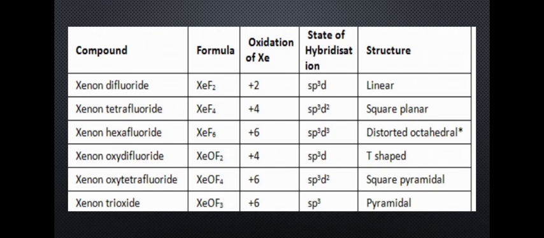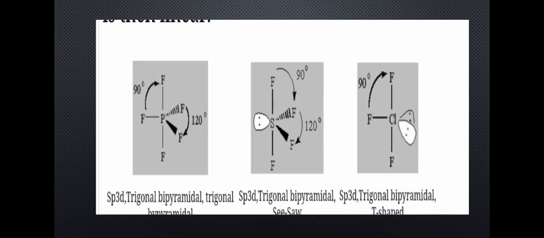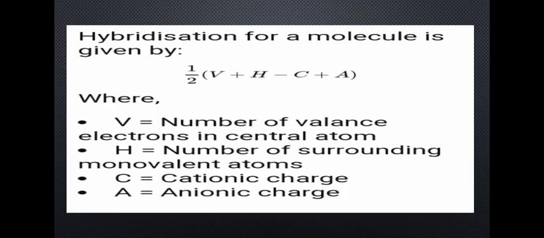Now let us discuss some of the compounds of noble gases, and the first compound is XeF2. I will use the formula again, which was used for hybridization. That is, hybridization is equal to half bracket start V plus H minus C plus A. I will take the example of XeF2. The central atom is xenon. Xenon has 8 valence electrons.